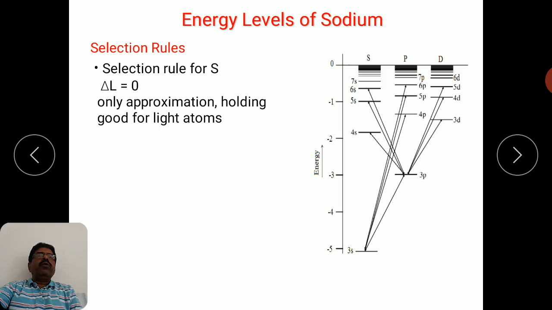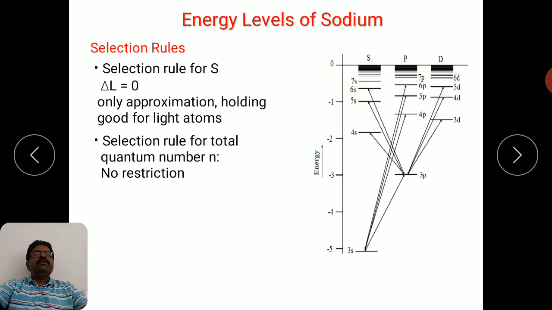This is an approximation holding good only for light atoms. Light atoms means having a lower atomic number, less number of protons in the nucleus. For high atomic number, this particular selection rule, delta S is equal to 0, is not followed.